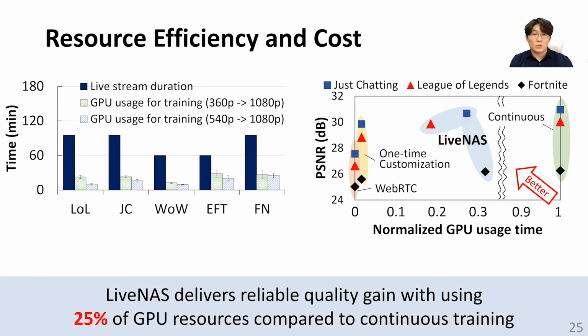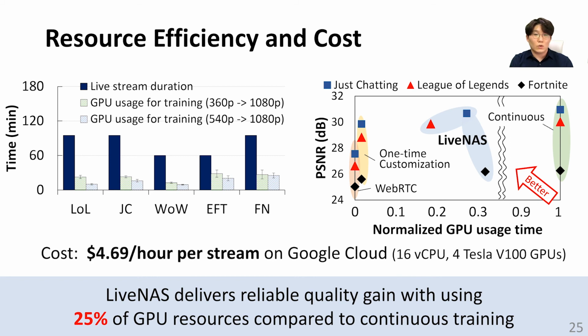LiveNAS delivers almost the same quality while using 25% of GPU resources compared to the continuous training. One-time customization, however, comes at a significant decrease in quality because it does not keep up with scene changes. When we quantify the computation cost for LiveNAS, the average cost is around $4.7 per hour per stream on Google Cloud.